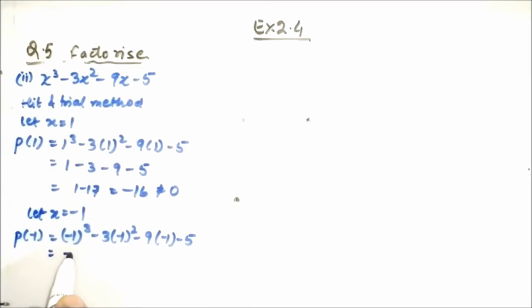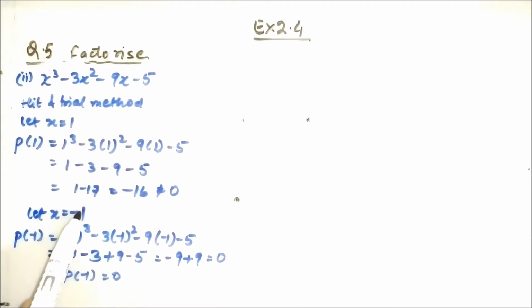If you solve this, we'll get -1 here, this will be -3, this will be +9, and this will be -5. This minus minus will be +9. Now -1, -3, -5 will give you -9, and we have +9 also. So when you solve, you will get 0. Since we got p of -1 as 0, when you shift this -1 to this side, it will be x plus 1. Therefore you can say that x plus 1 is a factor.